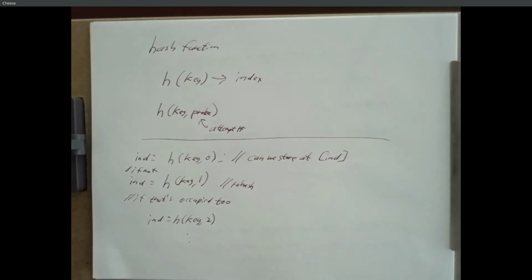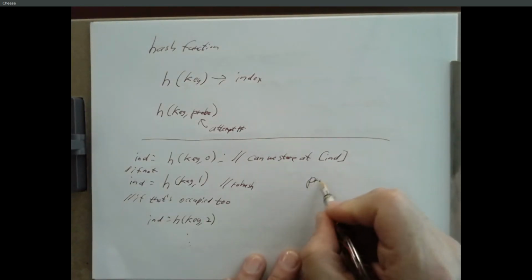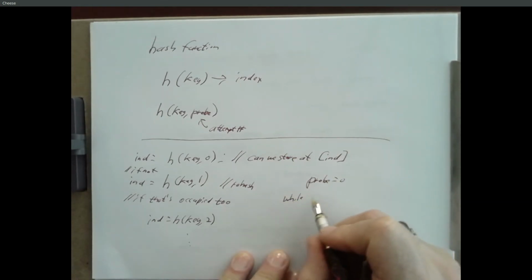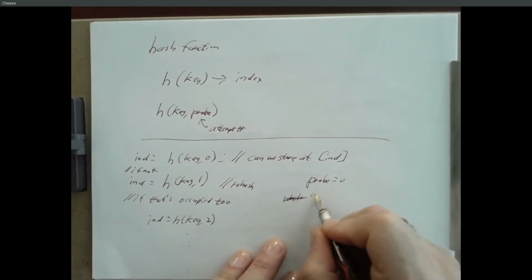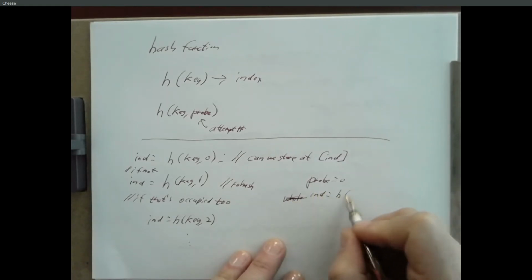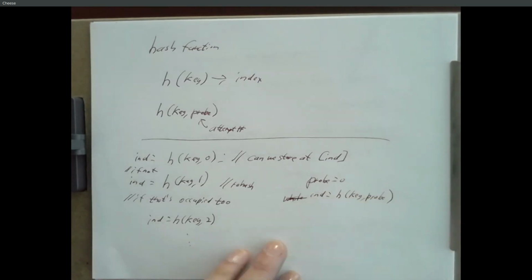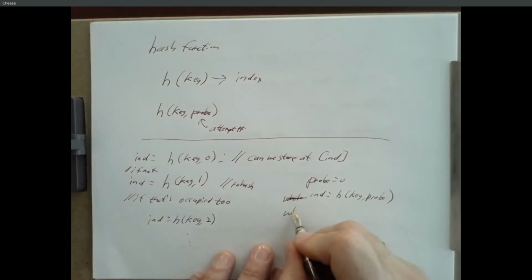Right? We'll put some code since it's Friday. Set probe equal to 0. Index is whatever we get back from the hash function.